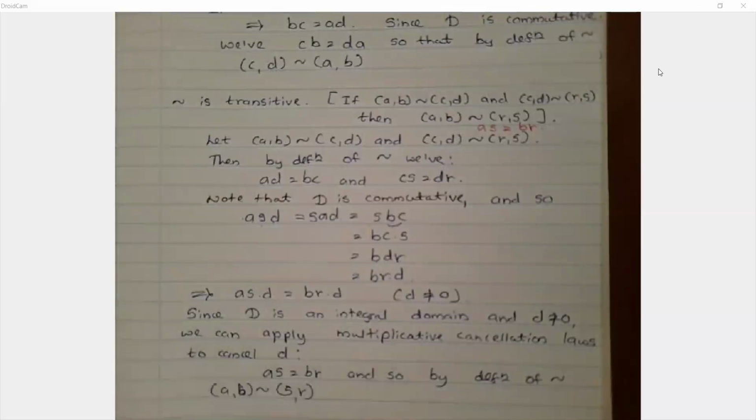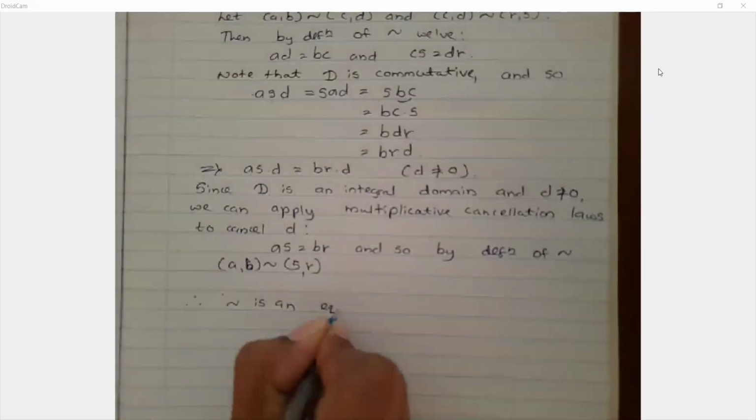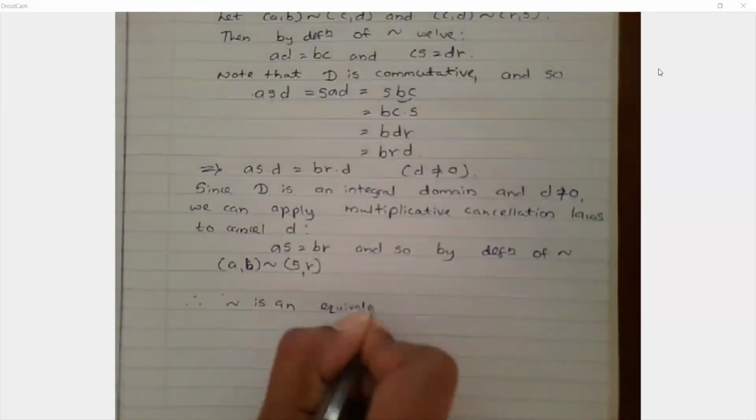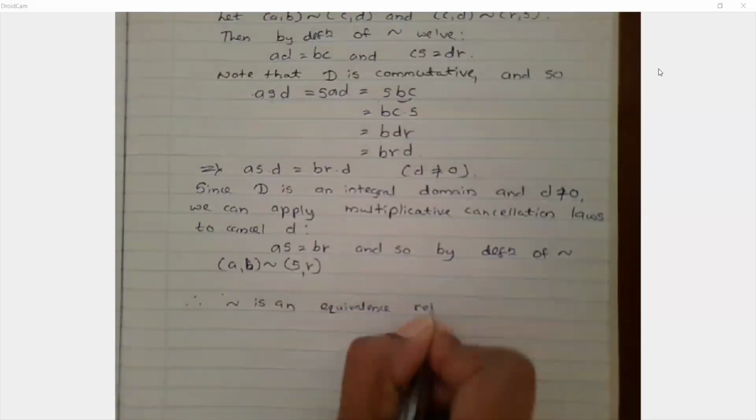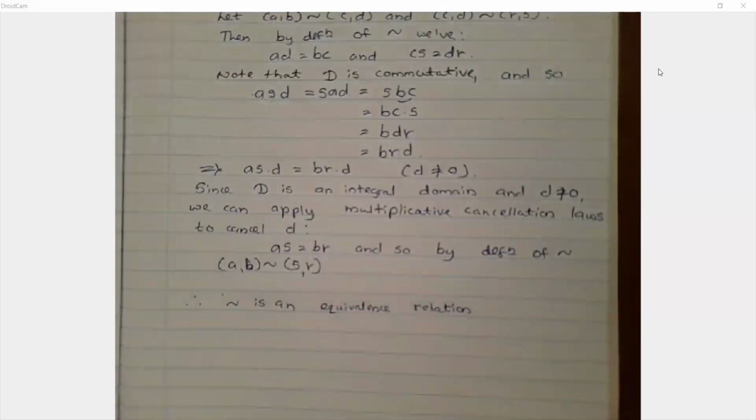Right, so this proves that tilde is transitive. So tilde is reflexive, symmetric, and transitive. Therefore, by definition, tilde is an equivalence relation.